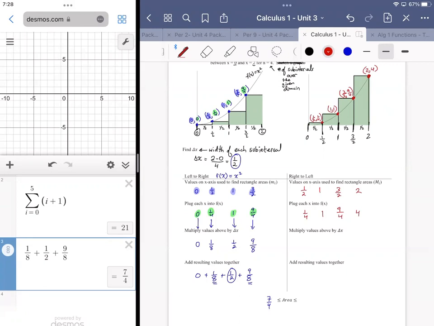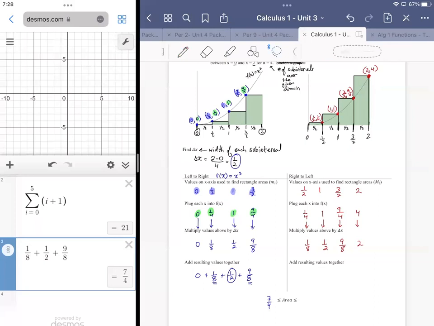Multiply each one of those values by delta x. The delta x value is still 1/2, the interval is still spaced at 1/2 unit. So 1/8, 1/2, 9/8, and 2.